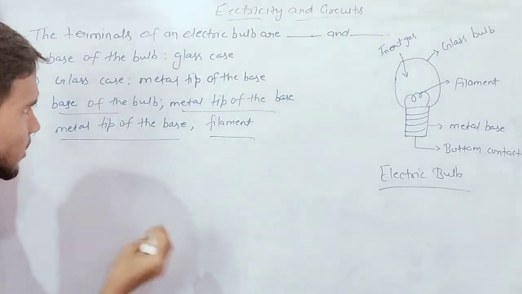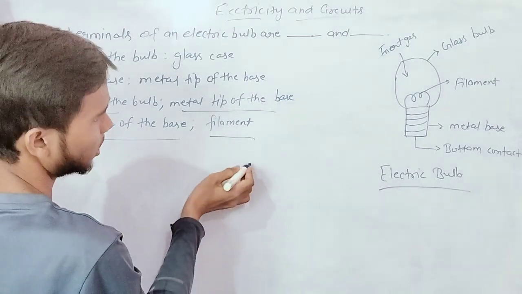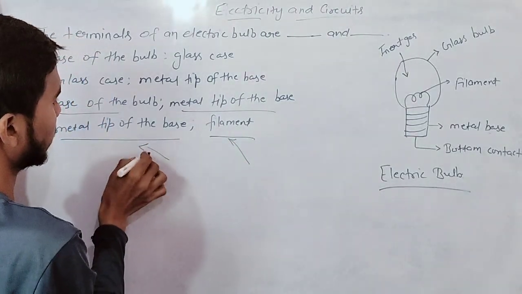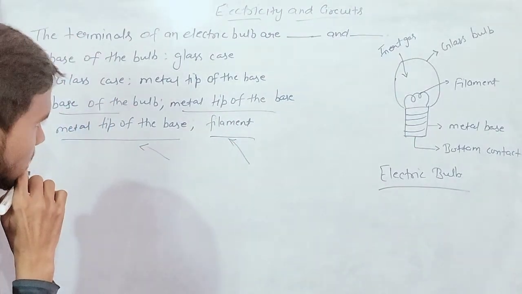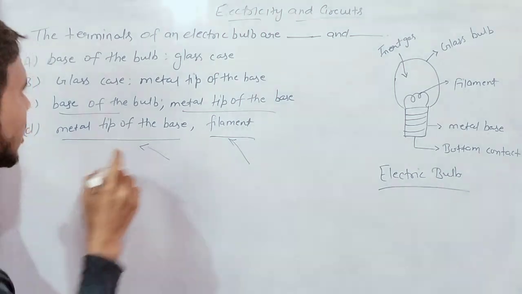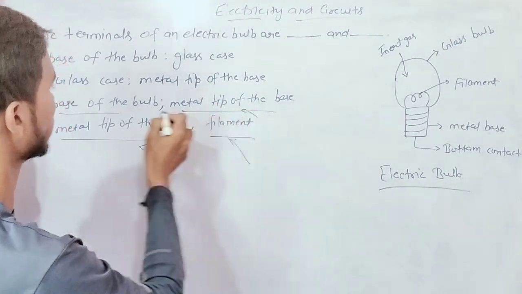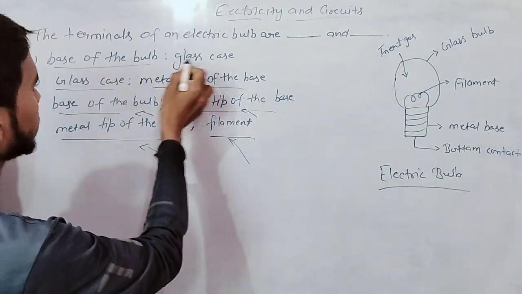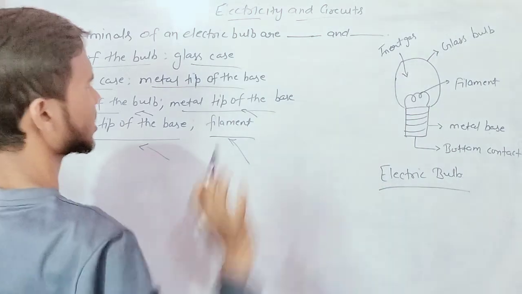Can I say it is telling us that the filament is one terminal and this is the second terminal? But the glass case is not a terminal.